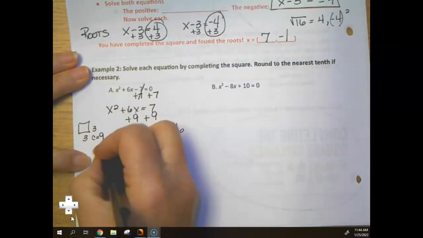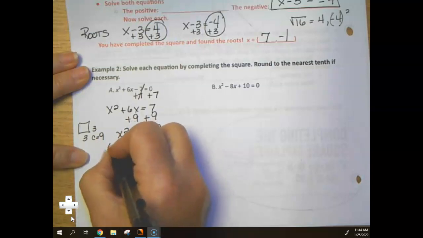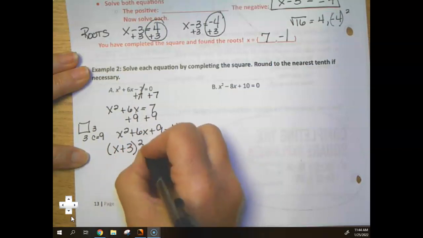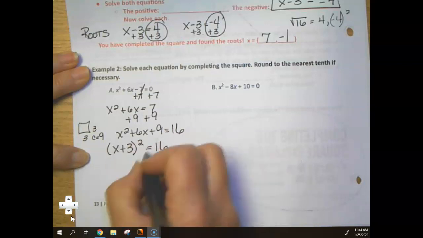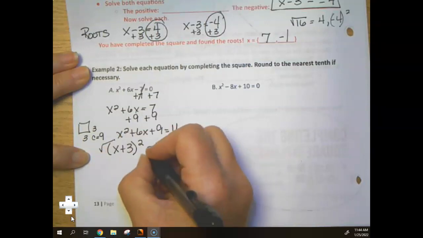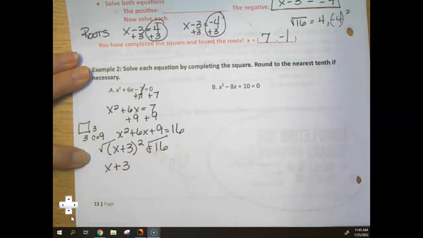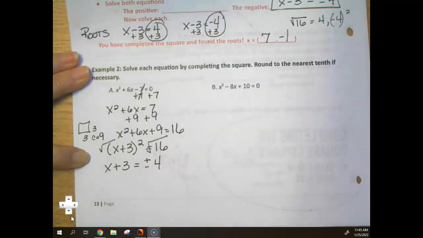Okay, so my two factors would be x plus 3 squared is going to equal 16. All right, now to solve this, we're going to take the square root, that releases it to be like that. This is a plus or minus 4.